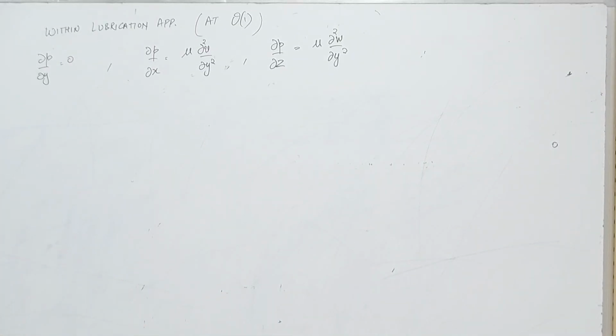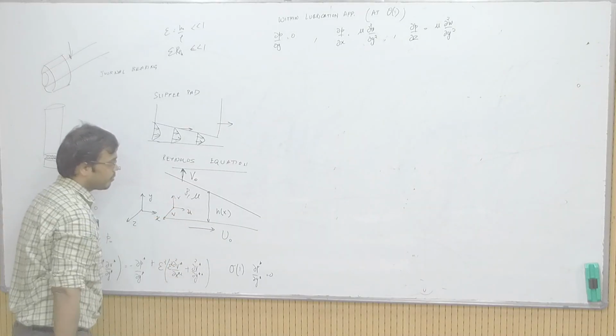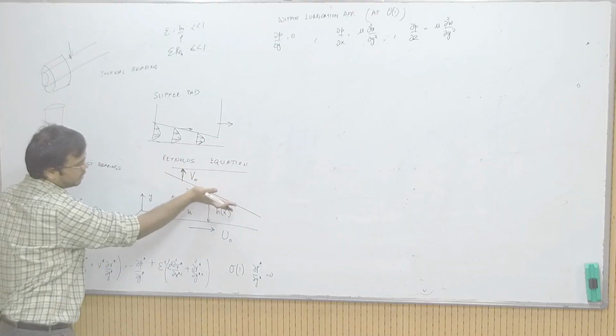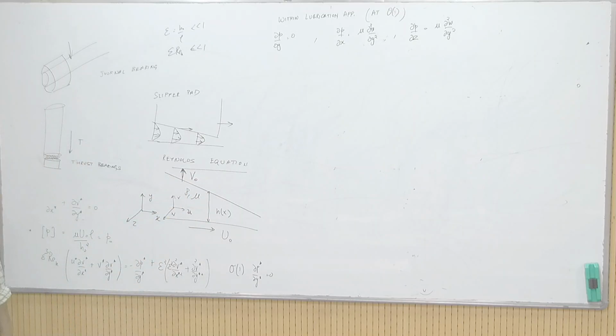So we have u, v and w. This is a 3-dimensional situation where what I have drawn is actually a plate which is extending outside the board.